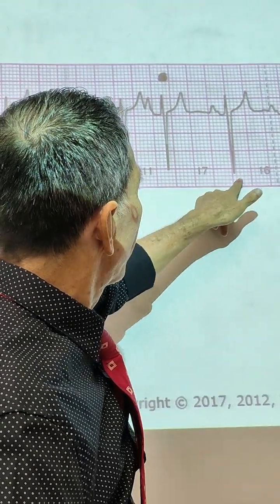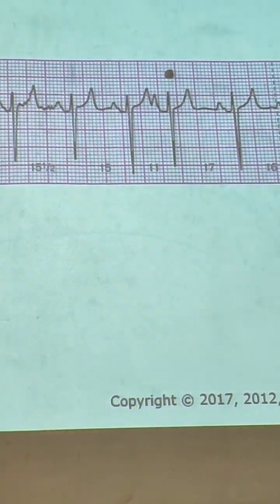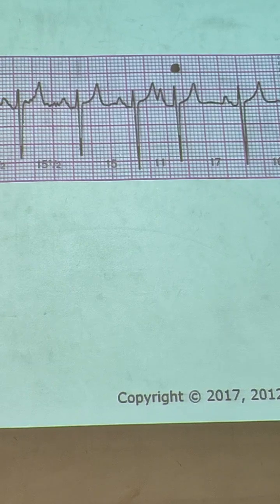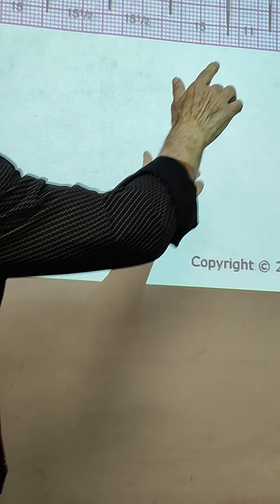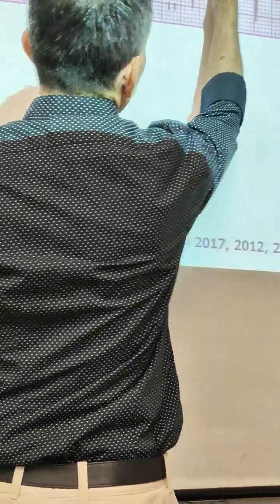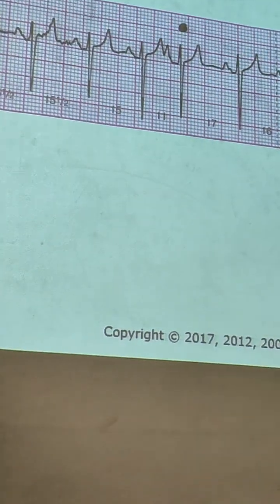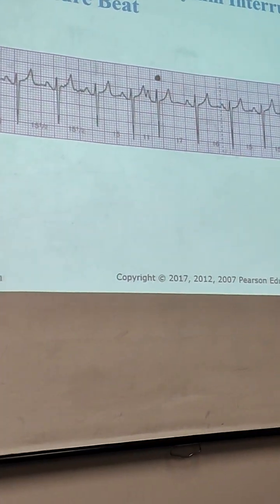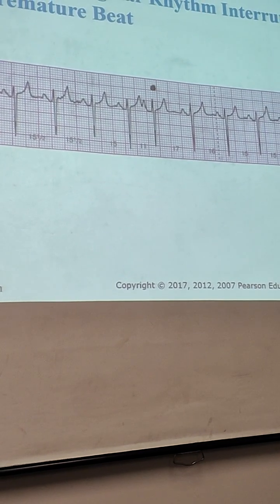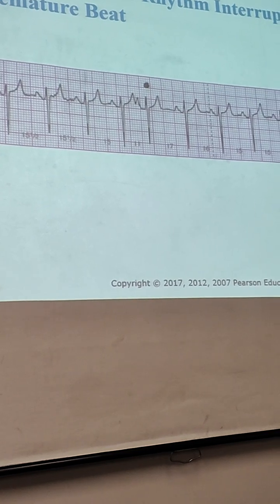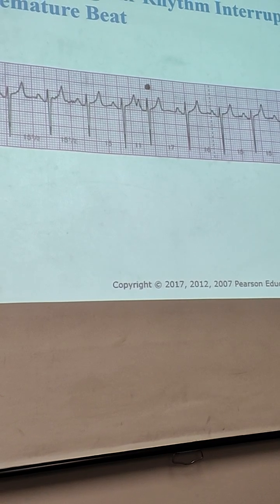If we unite these two, we might have a beat right here in the middle. So it went faster. That was premature, remember. This came before it's supposed to. It was supposed to be here, but because something happened at that moment, the heartbeat goes faster than normal and you see it closer. But then it continues normal without problem. So this will be interrupted with a premature beat.